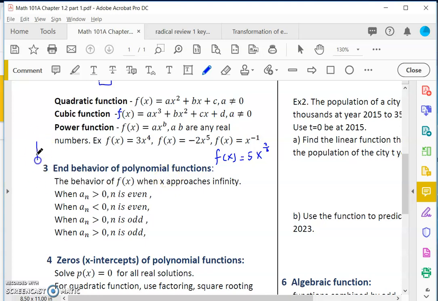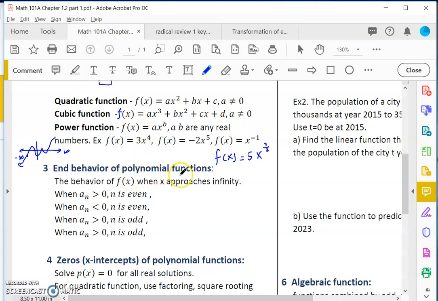That means if I graph something, when x is really far out at infinity, where would y be? And also when x is at negative infinity, where would y be? So would y be flattened out or would it go to infinity? If it goes to infinity, is it positive or negative?